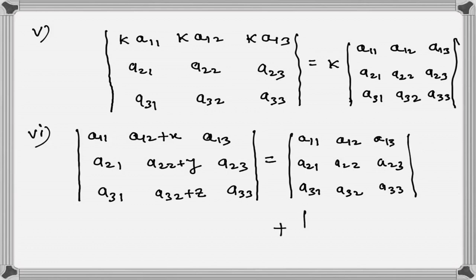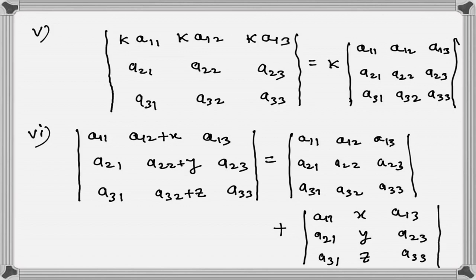Then plus the second one, which is a11, a21, a31, then x, y, z, then a13, a23, a33. So this is how we break the first determinant as a sum of two determinants.